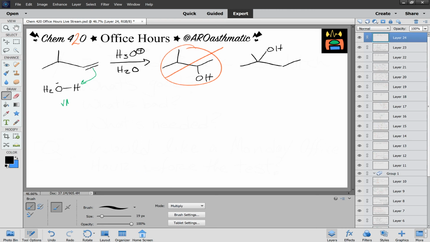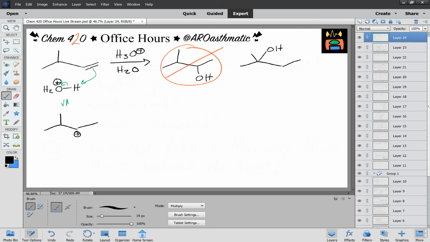There we go. All right, so our first step is protonation of the alkene, which will form a carbocation on the secondary carbon.